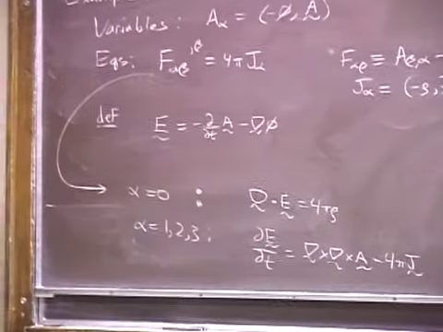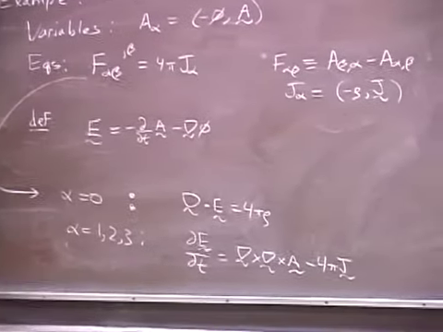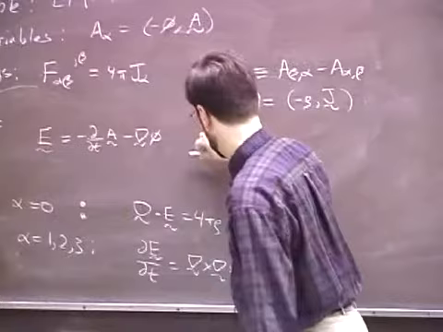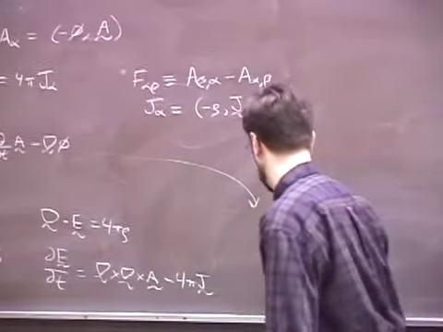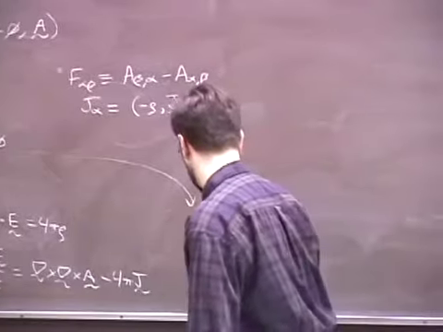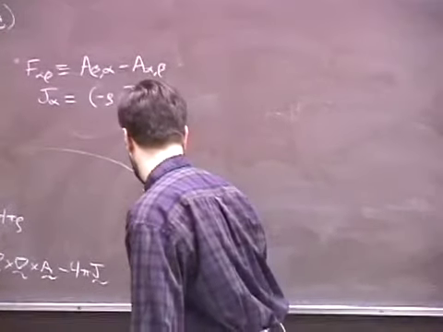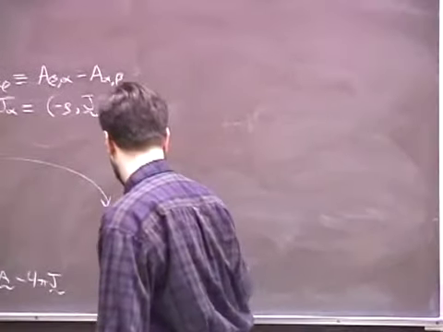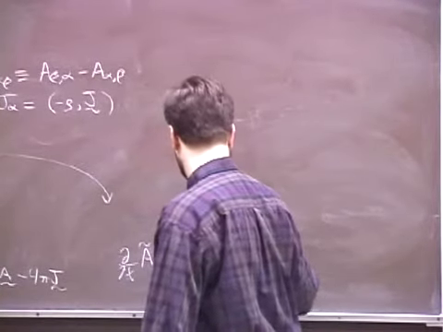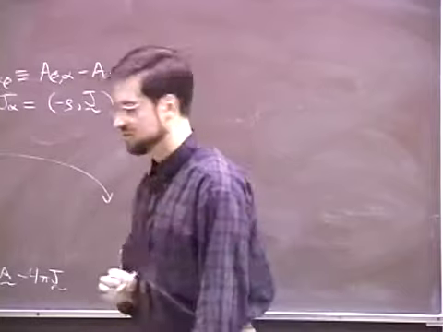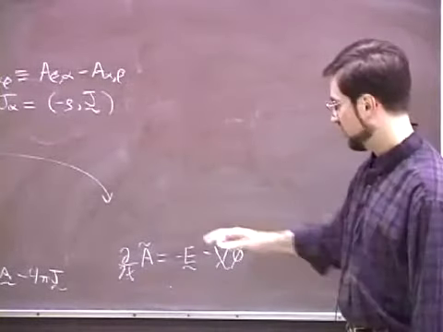And if I want to sort of complete the system, let me just copy this equation over here, but I'm going to change it around a little bit. d by dt of A is minus E minus grad phi. So that's still the definition.